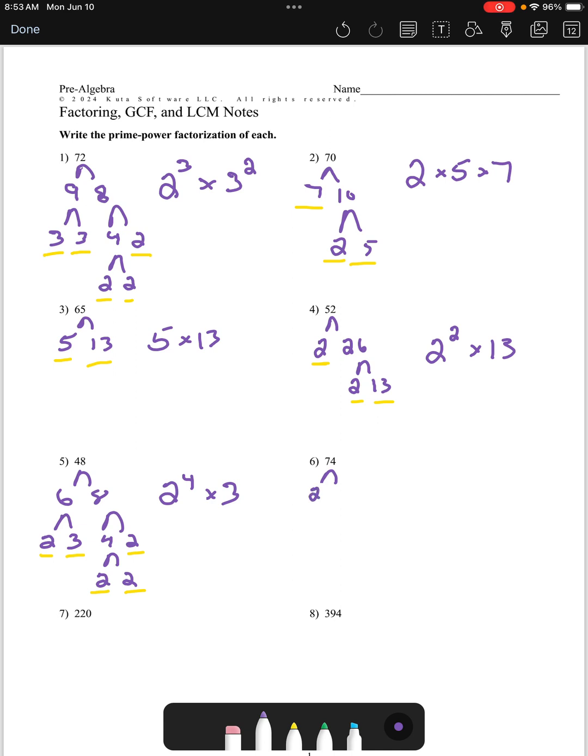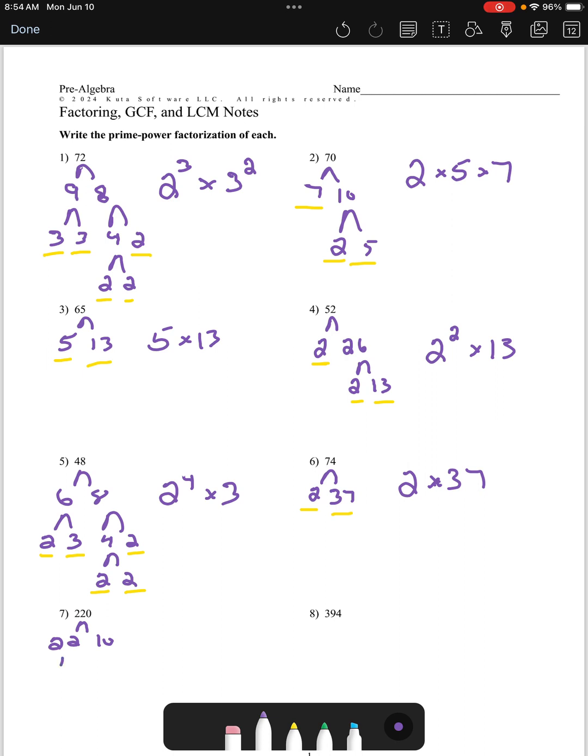Number 6, I have 74. I know it's even. So let's go 2, and half of 74 is going to be 37. Which is prime. Sometimes all you can do is divide by 2.